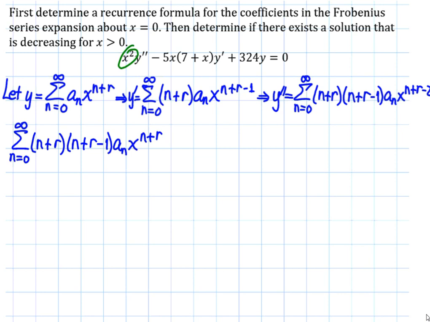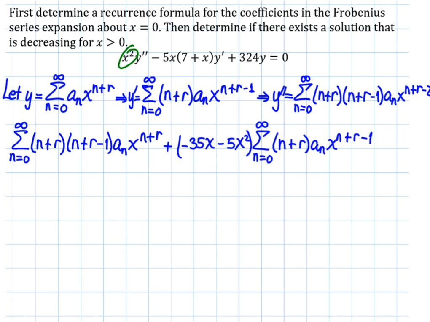Next, I will multiply the coefficient, and that gives us negative 35x, negative 5x squared, and then the derivative. n plus r, a sub n, x to the n plus r minus 1.